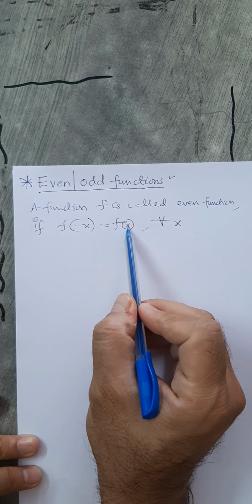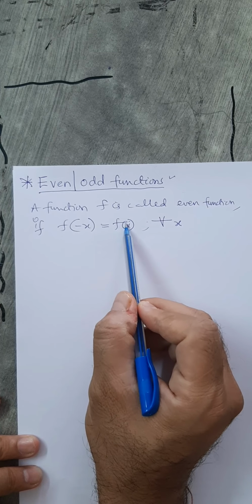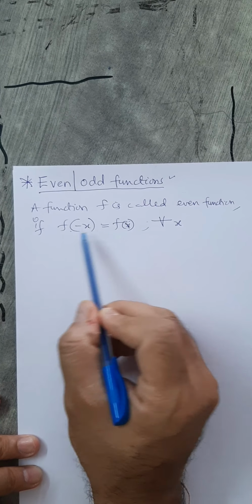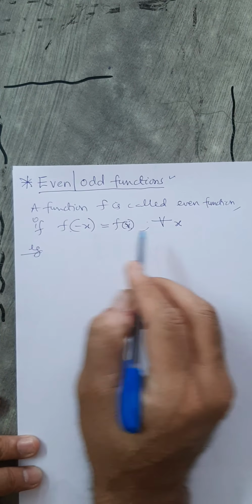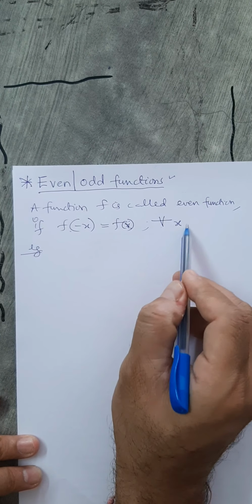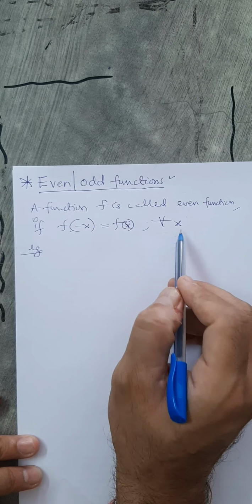Even function means what? In the formula of the function, if you put x or minus x, both the values should be same, and it has to be true for every x. You know that this is read as for every x.